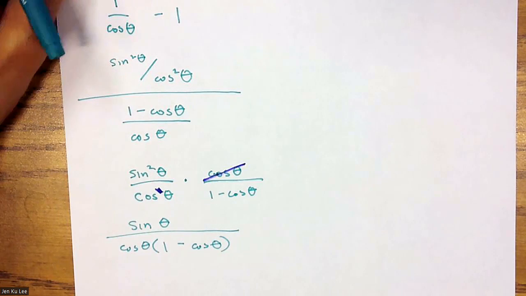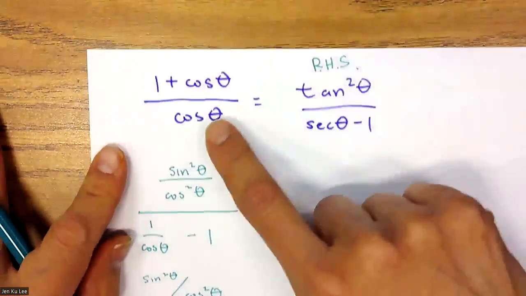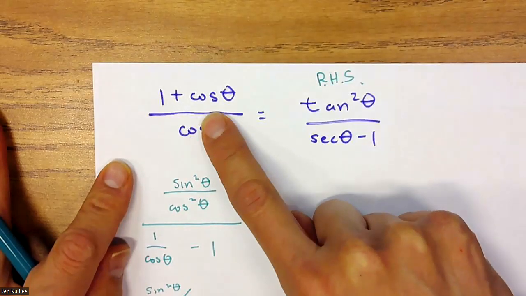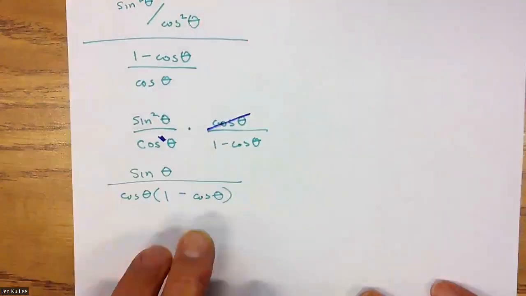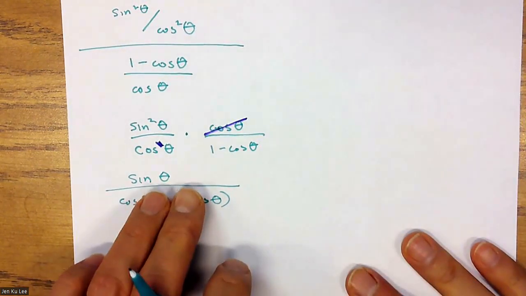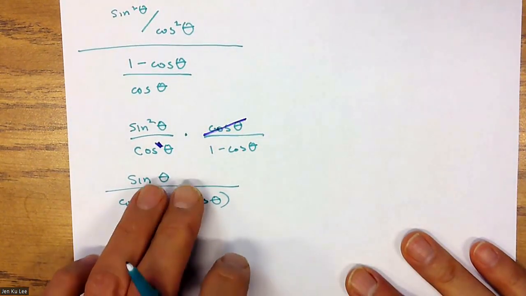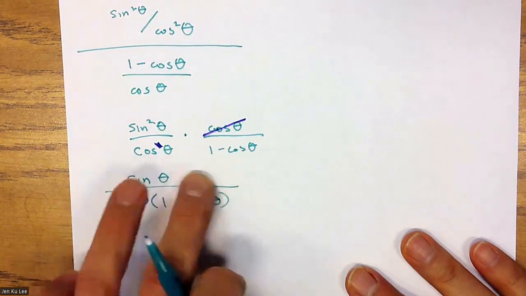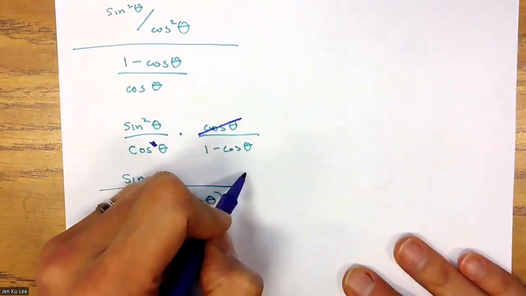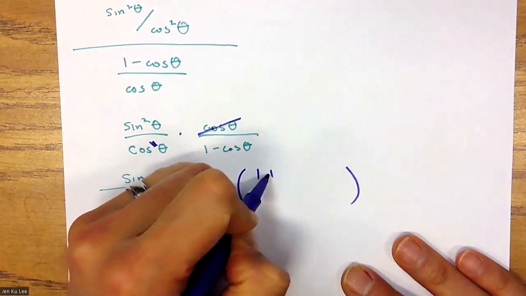Now I have no idea where to go. So I'm going to look back up here. Okay. 1 plus cosine on the top. I need a 1 plus cosine on the top, which will help me because if I need to make a 1 plus cosine on the top, I need to multiply this by 1 plus cosine.